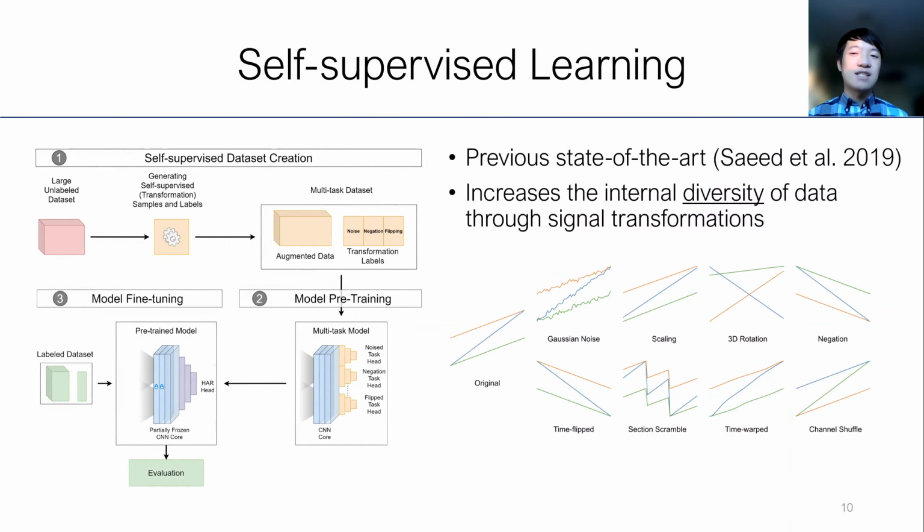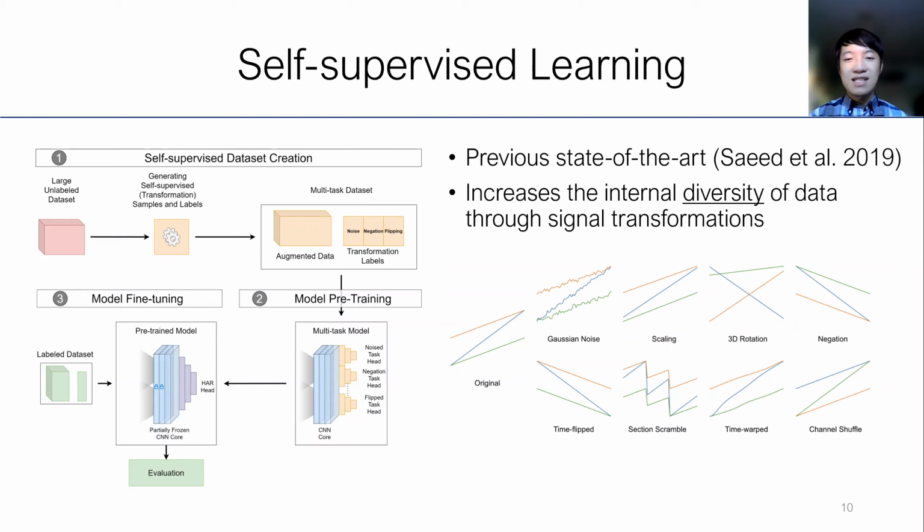On the other hand, self-supervised learning begins by designing a pretext task from which it is easy to extract labels. In the area of HAR, the previous state-of-the-art study used self-supervised learning as the semi-supervised learning task. In their setup, they first begin with a large unlabeled dataset, and then they perform signal transformation functions onto them, so as to generate self-supervised samples and labels.